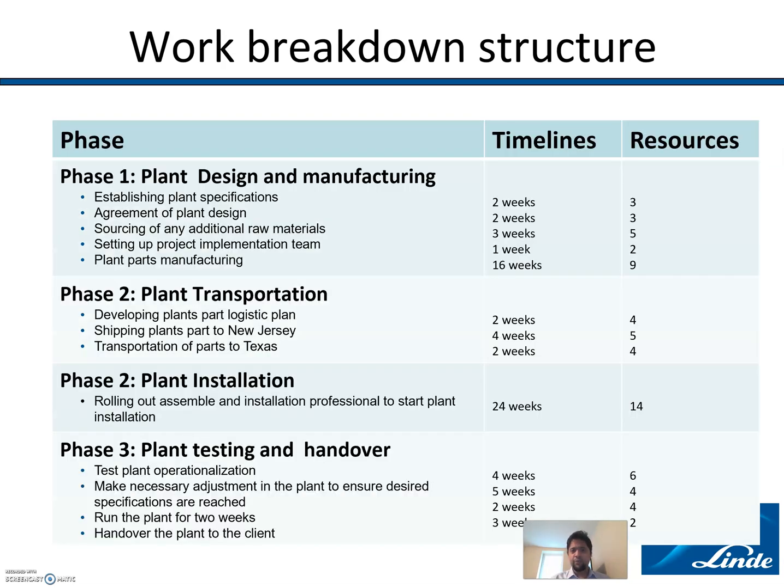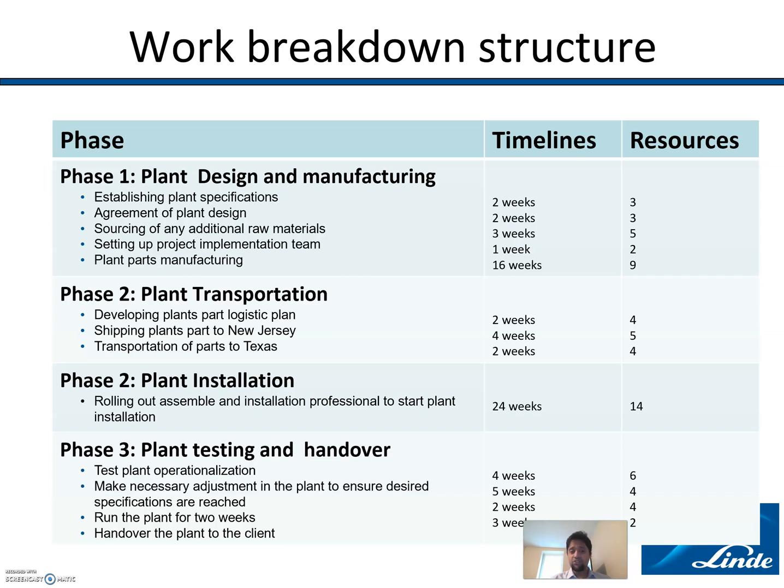Let's just get into the work breakdown structure. For phase 1, design and manufacturing, we're going to be establishing plant specification and requirements, agreement of the plant design with the client, sourcing of any additional raw material, and setting up the project implementation team. That's going to be the design phase.